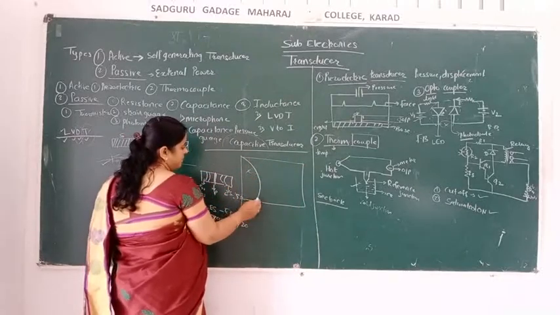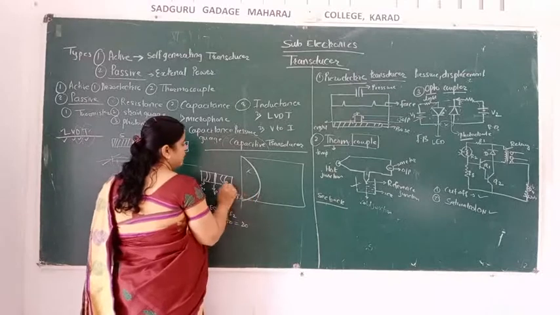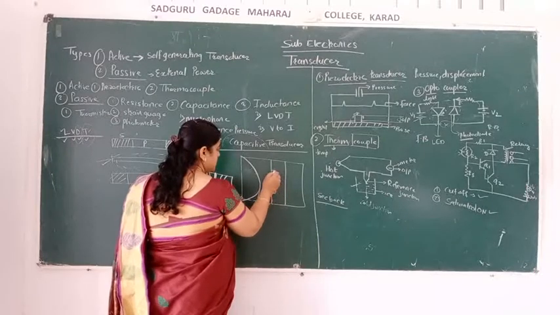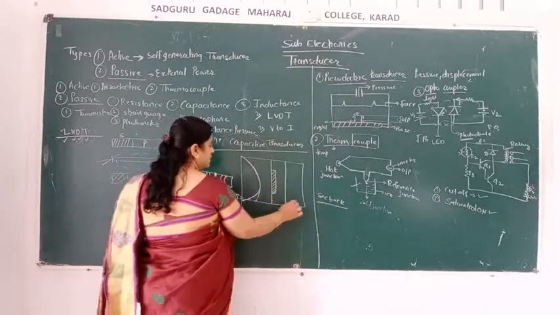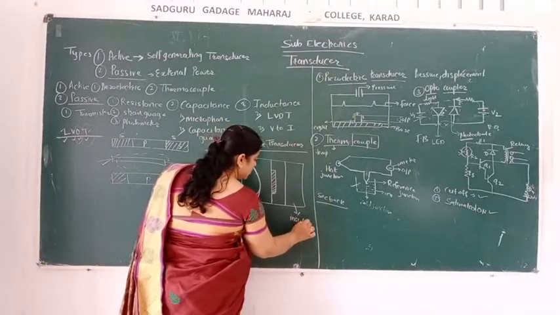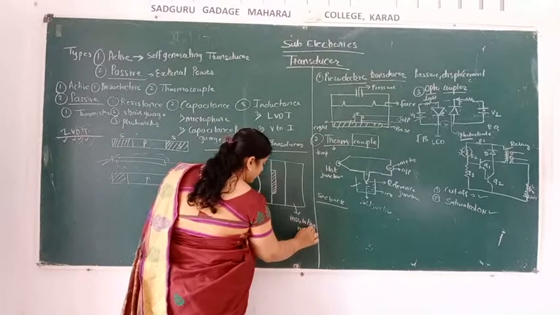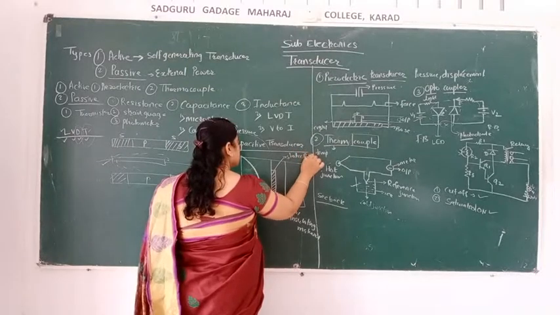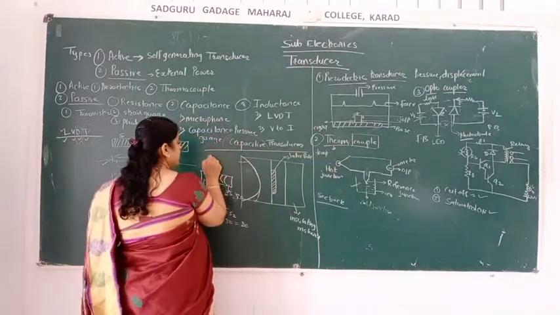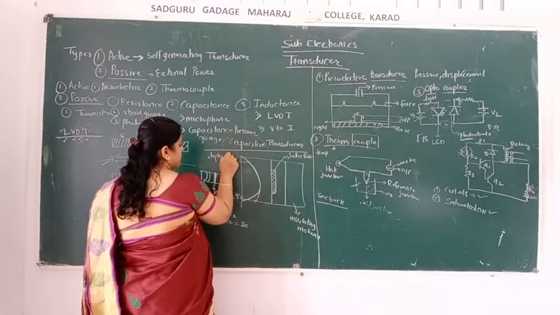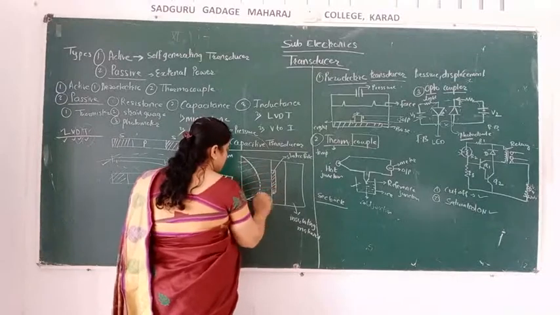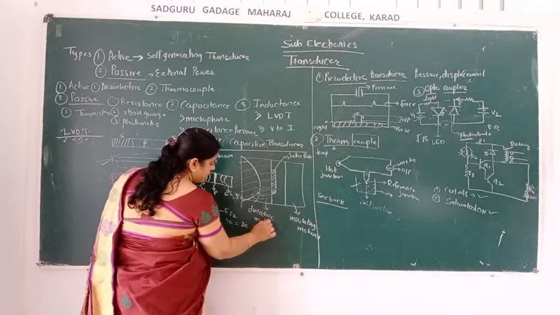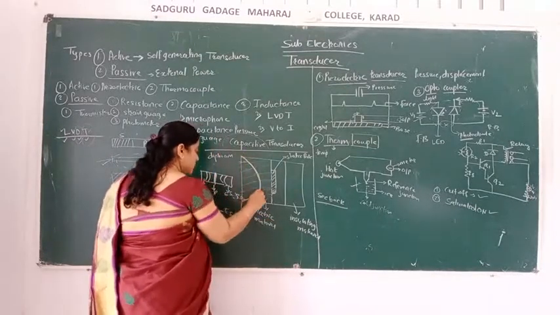Suppose it is a diaphragm, and here is the plate which is the static pole, and here is the insulating material, the dielectric material. This is the static pole, and this is the diaphragm.